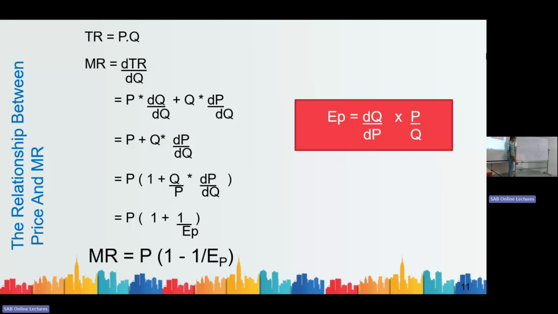The same conclusion I made here: when price falls, total revenue increases when demand is price elastic.